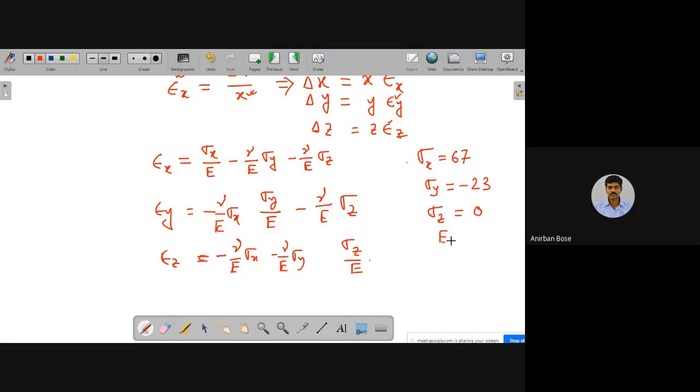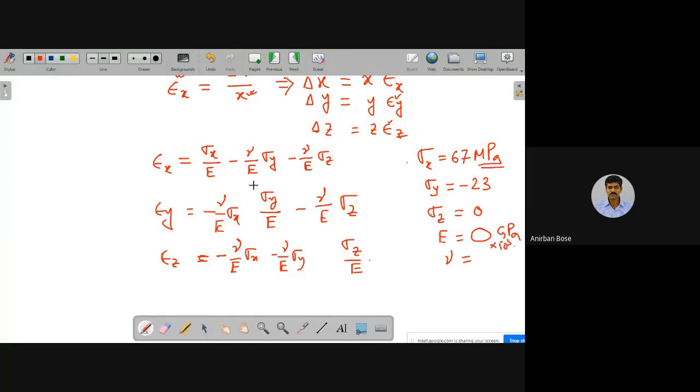You also know the value of E. You also know the value of nu. And the only thing that you have to remember is to put all of them with the same unit. That means 67 is in megapascal, and modulus of elasticity, remember, is in gigapascal. So you have to write in the same unit, otherwise there will be a problem. So convert into the same unit so that ultimately each of the terms does not have any unit.